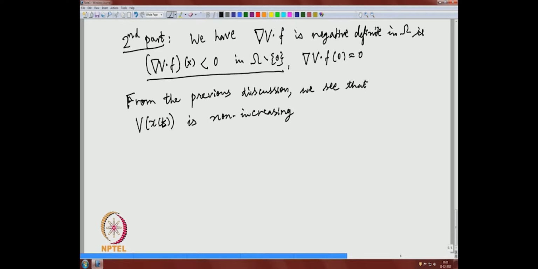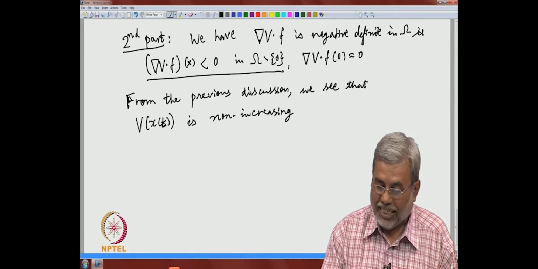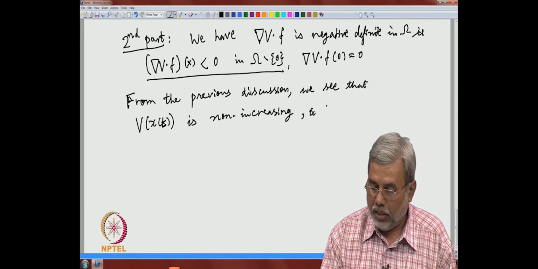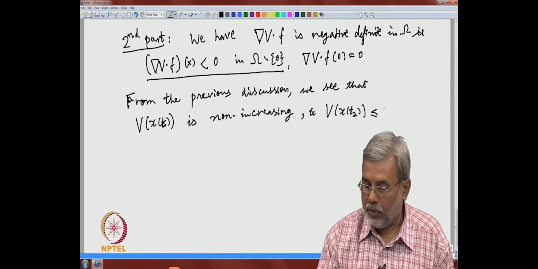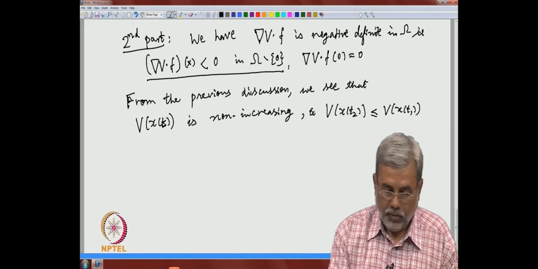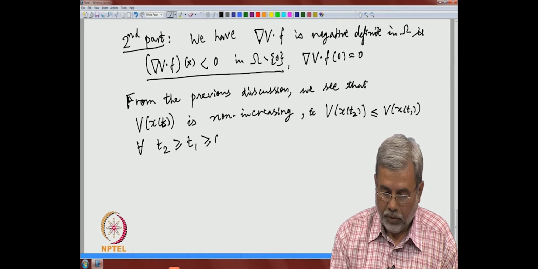You can just use the fundamental theorem of calculus. You integrate between any two times t1, t2, with t2 bigger than t1, and you see that it is non-increasing. That is, v of x(t2) is less than or equal to v of x(t1) for all t2 bigger than t1 bigger than or equal to 0.